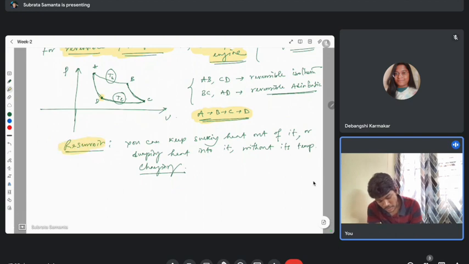So in this case, TH is one reservoir and TL is the other reservoir. Schematically, we draw this Carnot engine in this way.